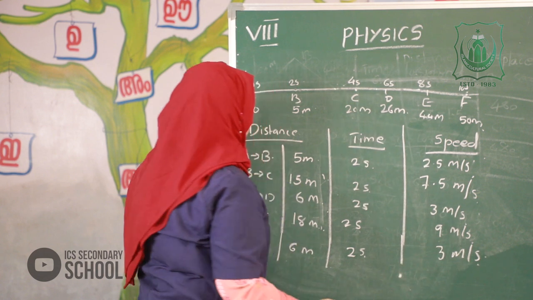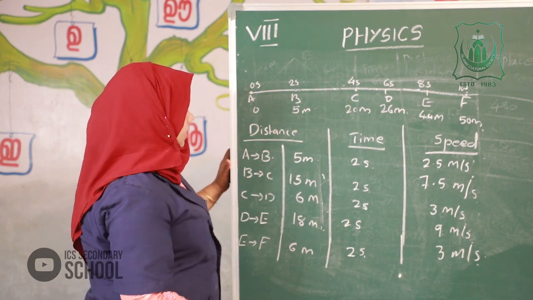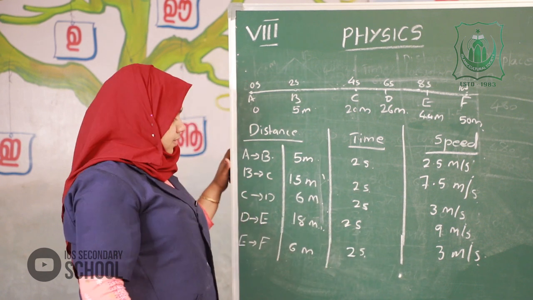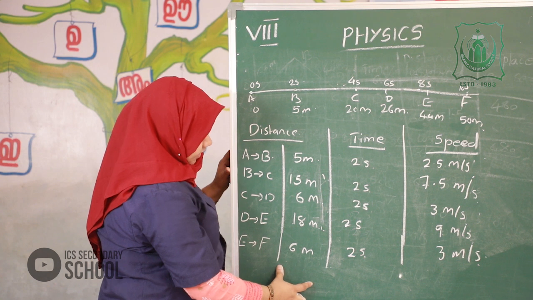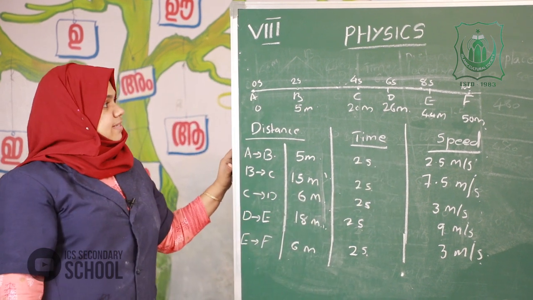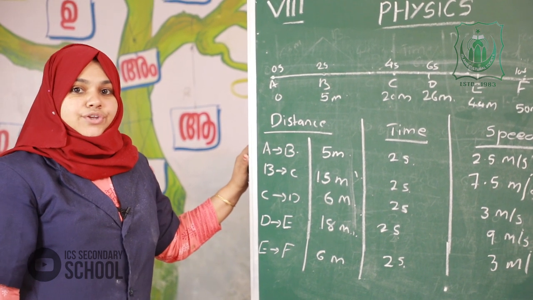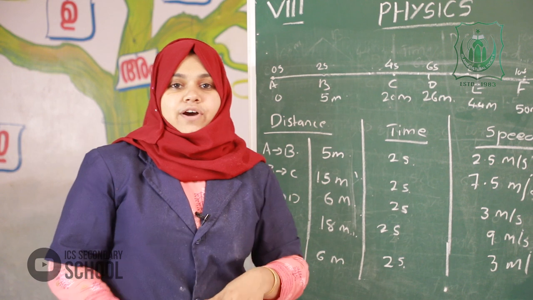Here we can see that unequal distances are travelled in equal intervals of time. The distance travelled by the car is different in equal intervals of time. This is known as non-uniform speed.